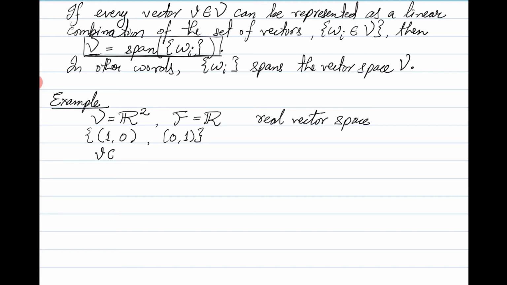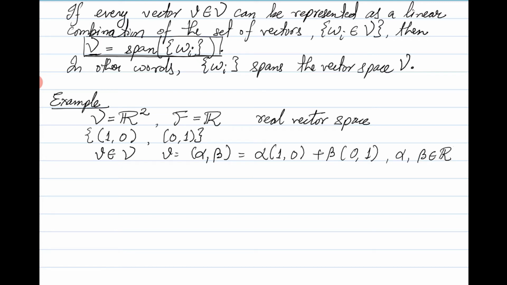For any vector V belonging to the vector space, with V represented as alpha beta, I can write this as a linear combination of the two vectors 1 0 and 0 1, where alpha and beta belong to R.